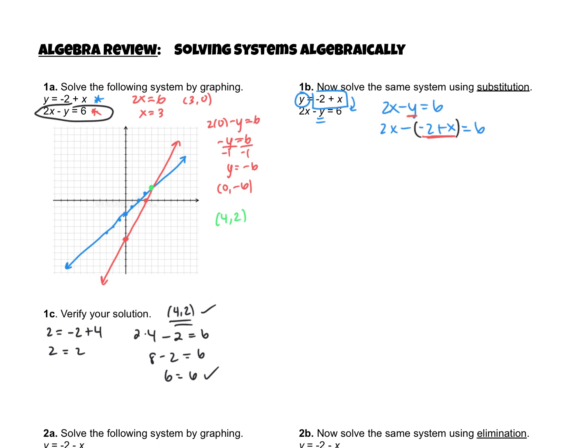Thomas, why do those parentheses matter? Because if they aren't there, it would be plus. I don't know if I fully understand. I guess, would it just be like 2x plus 2 if they weren't there, or?